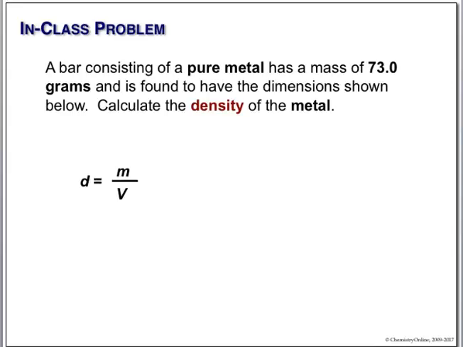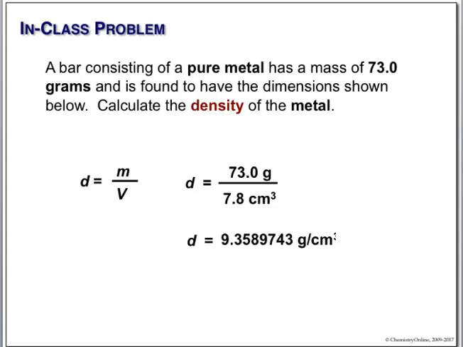Now we have a mass of 73, and our volume was 7.8. We do our division, and again the calculator spits out a long number. How would we round this? How many figures? We have 3 up top, 2 in the bottom.